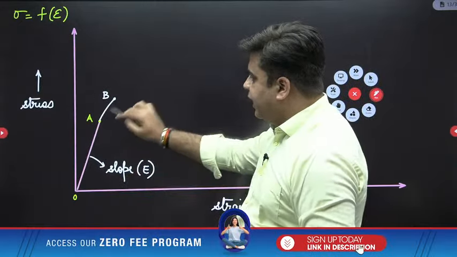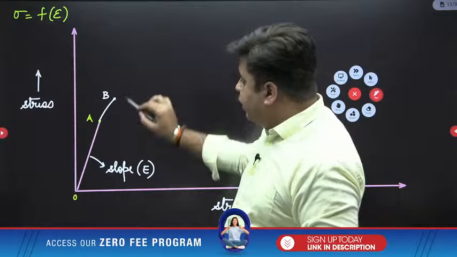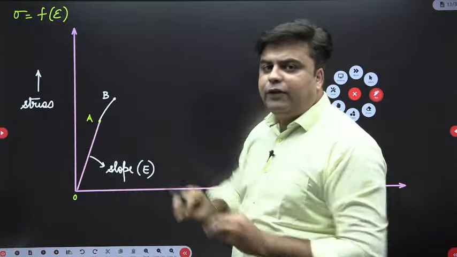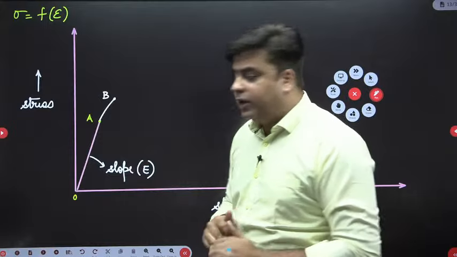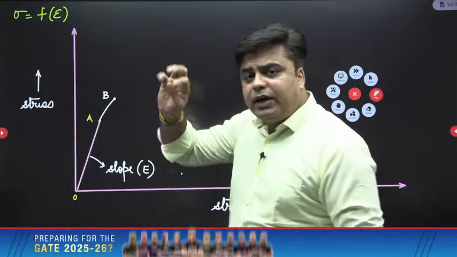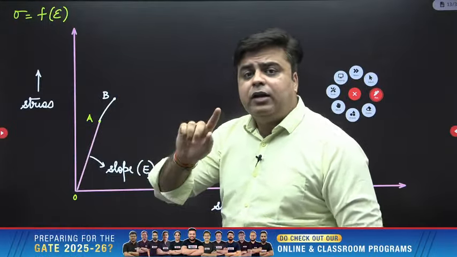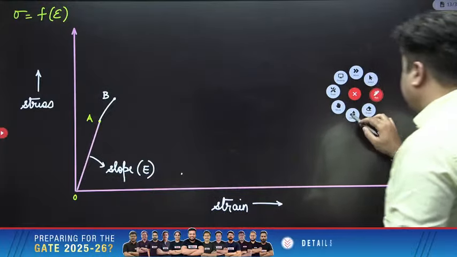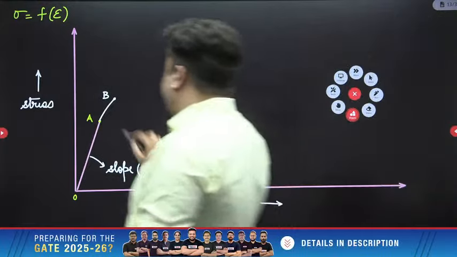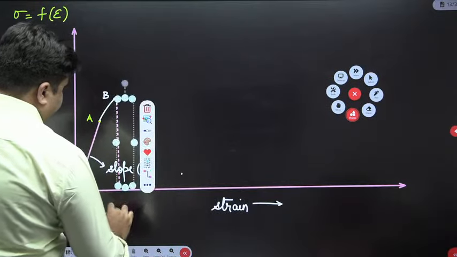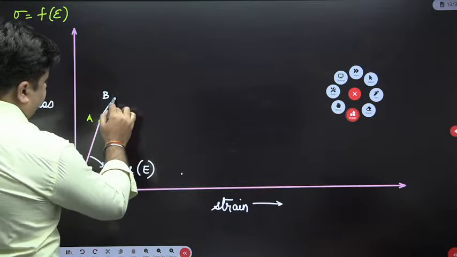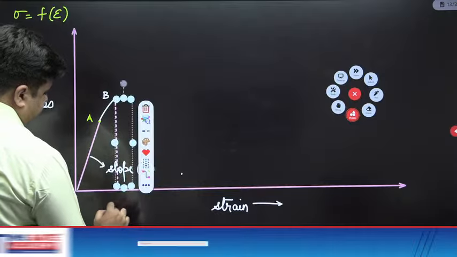But this portion AB is non-linear. Beyond point B, whatever deformation will come over the bar will be permanent deformation. Till point B, whatever deformations are coming over the bar are elastic deformations. So the strain coming over the material till point B is termed as elastic strain.